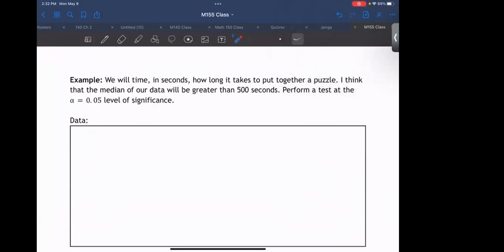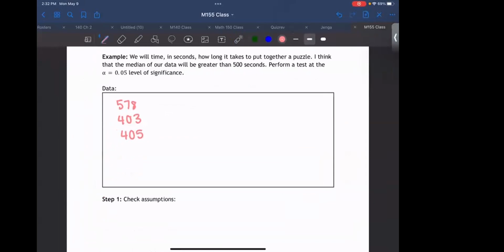Now, our data values, unfortunately, aren't very much, but it looks like we had 578. We also had 403, and we had 405. Okay, so these were our 3 data values. What did that mean n was? N was equal to 3, perfect, because there's 3 values.